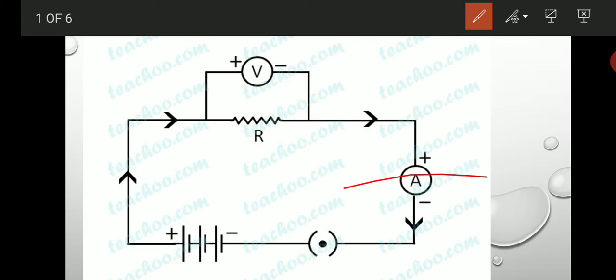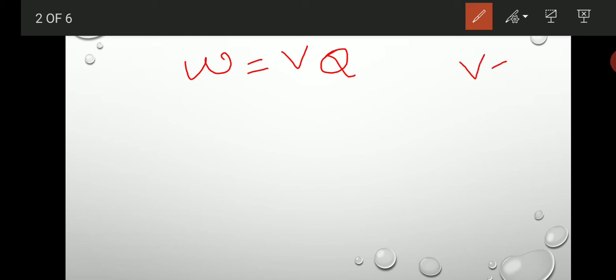Okay, I will derive the formula now. Work done is equal to V into Q, right? So according to Ohm's law, V is equal to I into R. And Q, in the first class we learned about current, right?